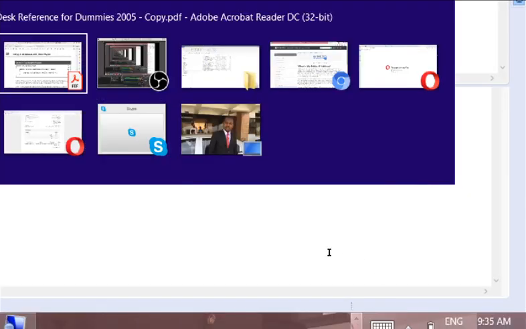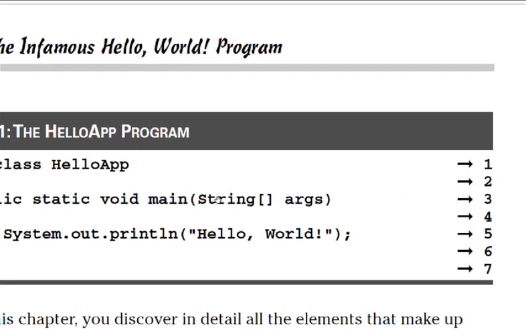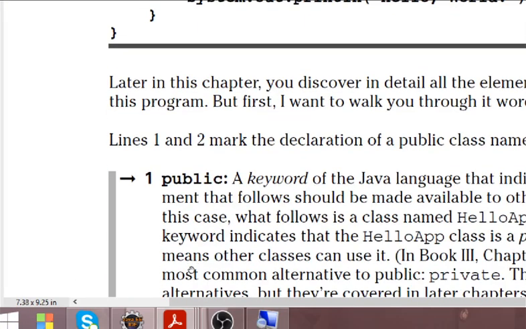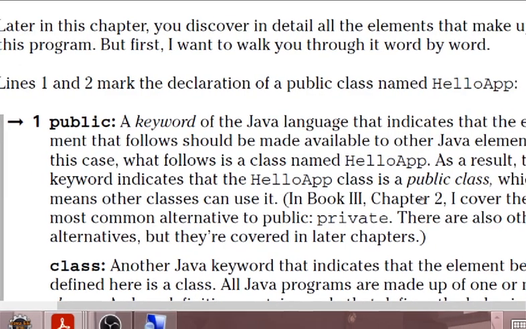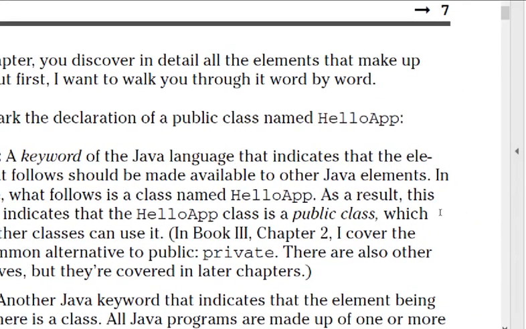Please go through the material and understand how each line is being marked as it is here: 1, 2, 3, and then the explanation for each and every line is done here. Public, you read the explanation here. They said it is a keyword of the Java language that indicates that the element that follows should be made available to other Java elements.